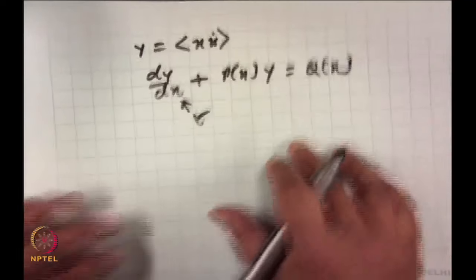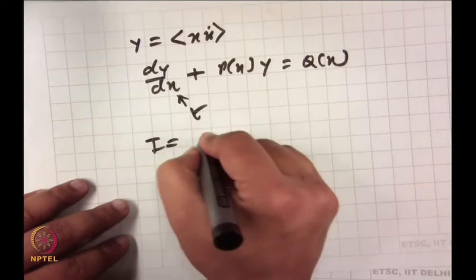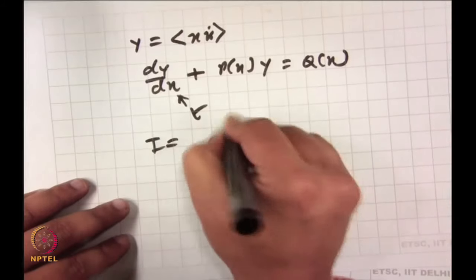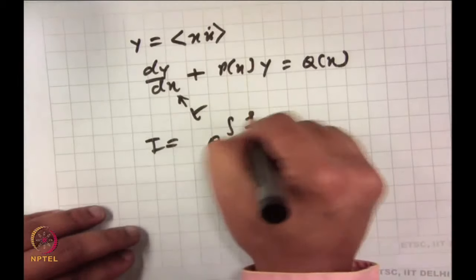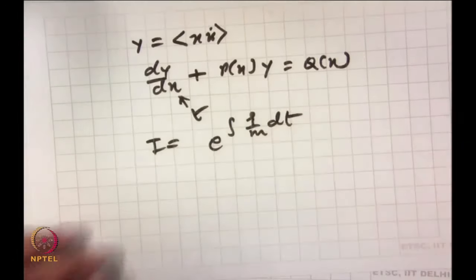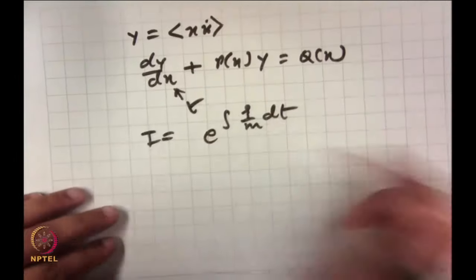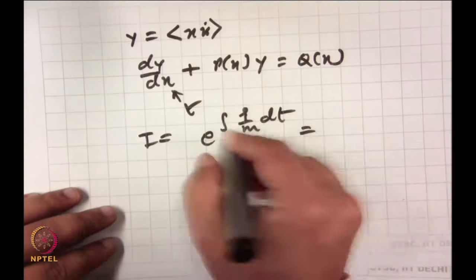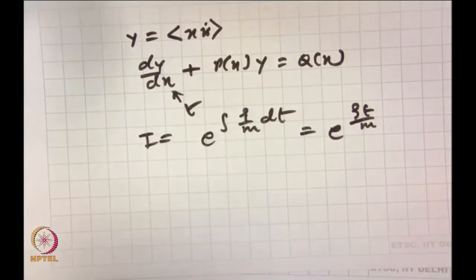Now, I of t essentially is what? e to the power integral p of x. Now, what is p of x for me? So, p is what? Xi by m. Okay. So, xi by m, then what I have there? D of x. So, it should be what? dt. Okay. So, what do I have then? This is equal to what? E to the power xi t over m, that is what I have.